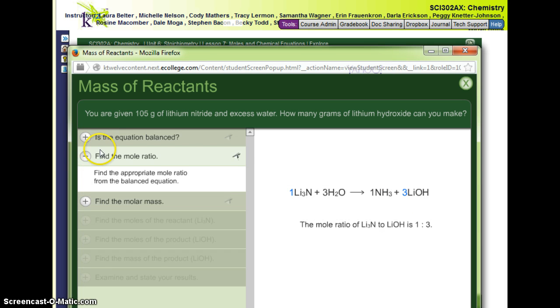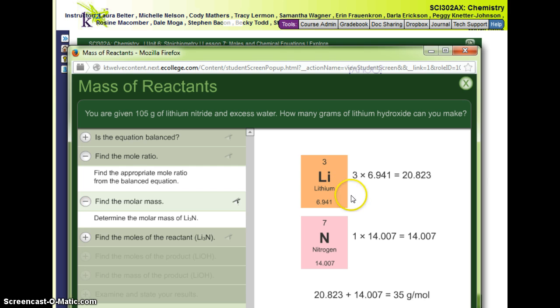All right, specifically, we are looking in this problem for lithium nitride and lithium hydroxide. So that ratio is 1 mole of lithium nitride that produces 3 moles of lithium hydroxide. Now we want to find the molar mass. We look at our periodic table, and we have Li3N because that's what we started with.